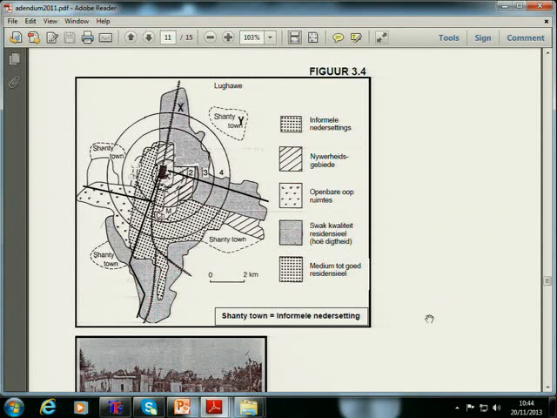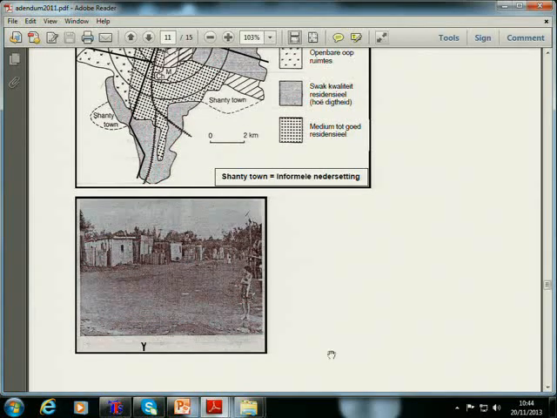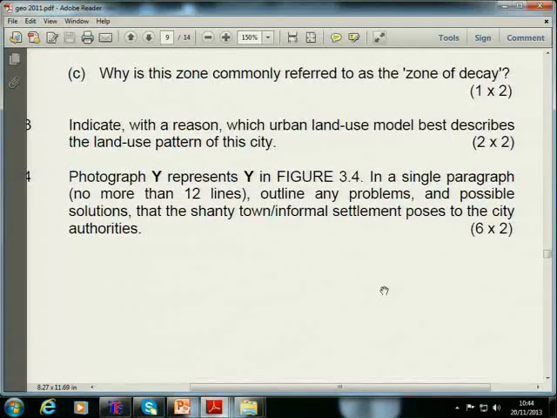Now, the photograph Y represents this photo. Look at the picture, and you see the shacks, so it simply means it's an informal settlement. Let's read the question. Photograph Y represents Y in figure 3.4, which we saw was an informal settlement.